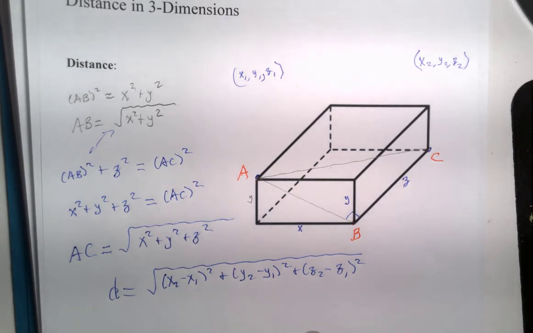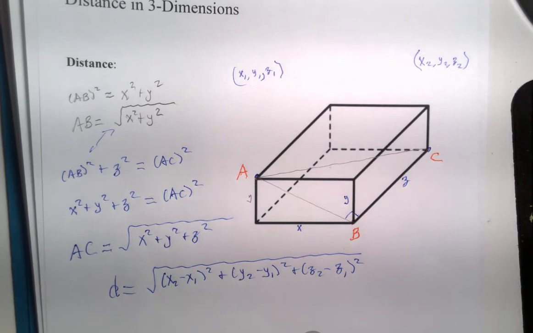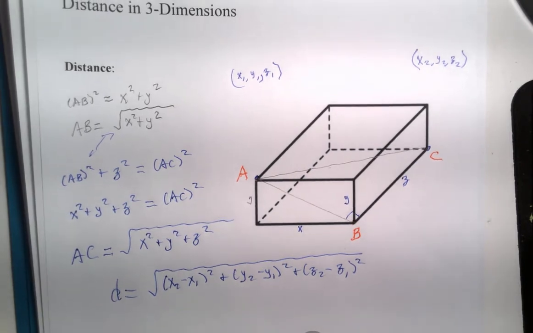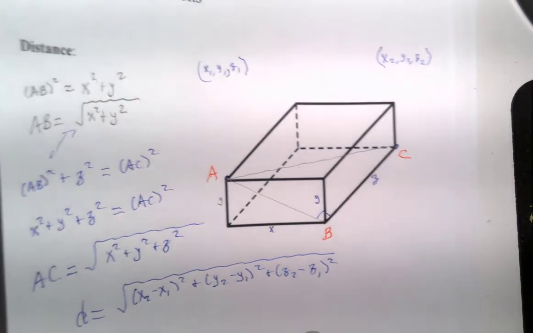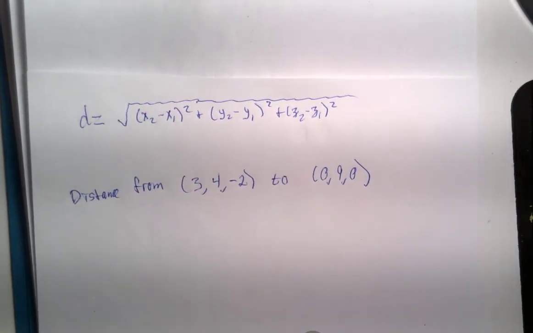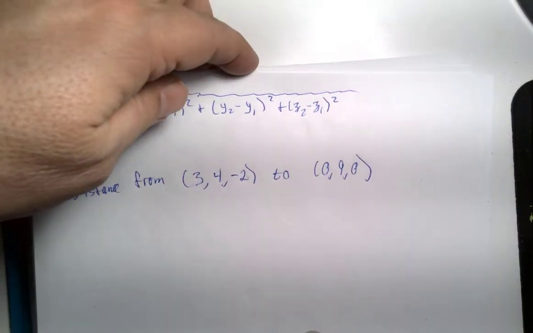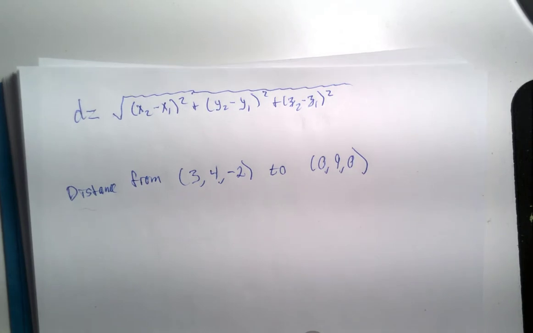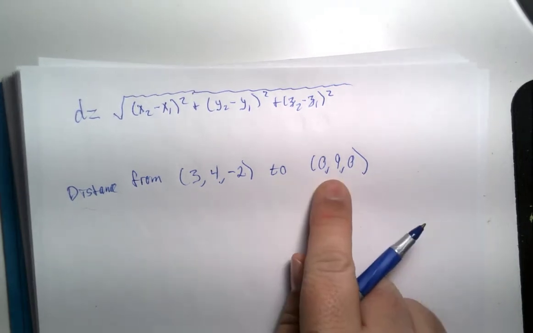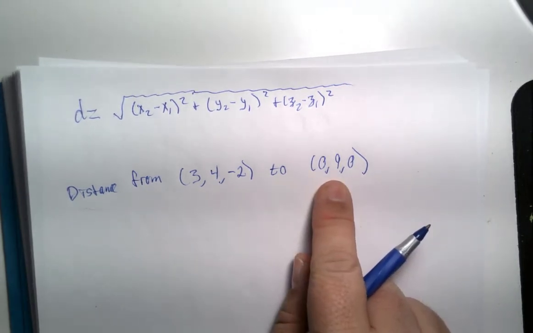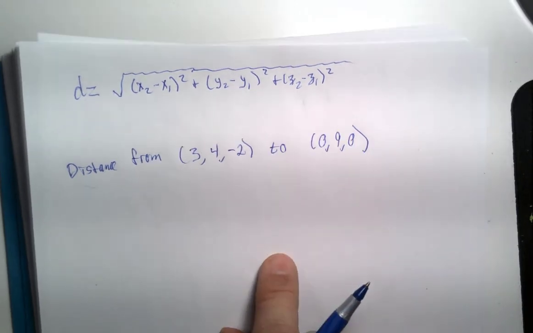Now, quick calculation before we sign off of this little segment. If that is our distance formula, let's try an example. What is the distance between this point and this point? We're not going to pretend to draw pictures now. We're just going to do the computation algebraically.